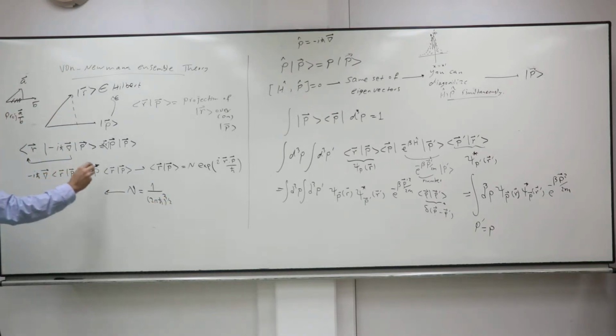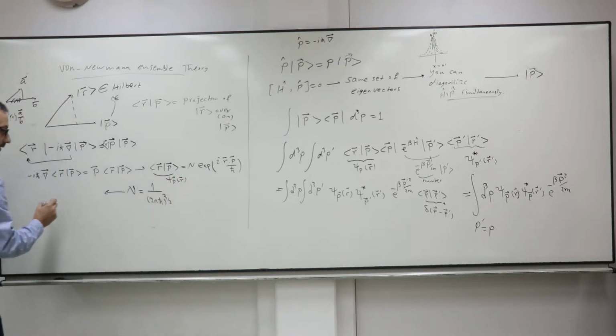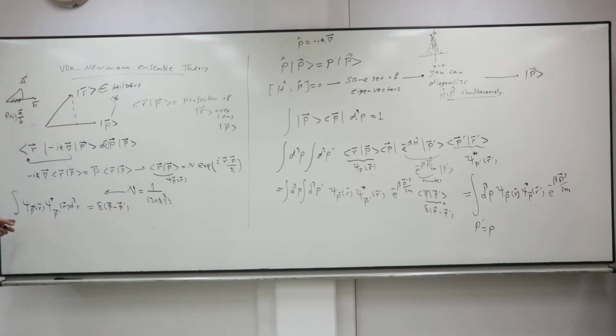normalization. So this is psi p of r. This is what you are looking for. To find the normalization, what you need to do is calculate the integral of psi p of r, psi star p prime of r, d cubic r. If you calculate that, you will see that according to the normalization, it should be this, because these wave functions are orthogonal.